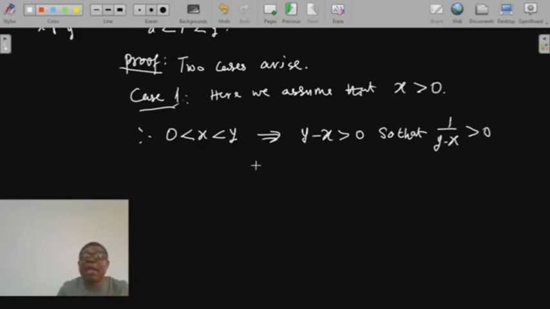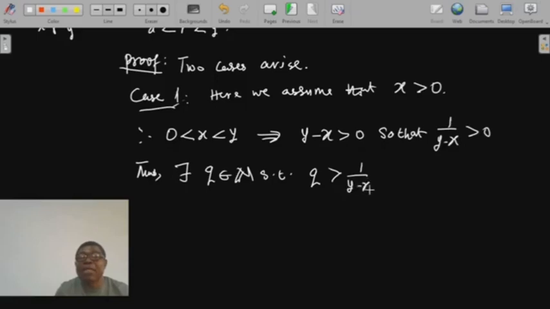And therefore, by the exercise we just did, the Archimedean property, there exists a natural number q such that q is bigger than 1 over y minus x.